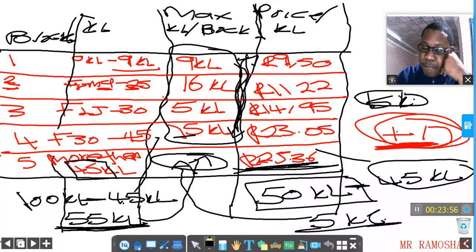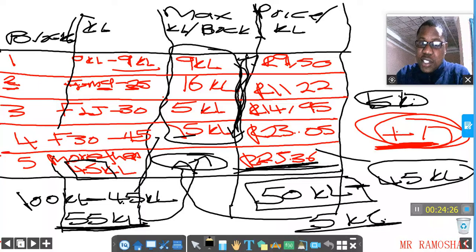The moment I use 9 kiloliters only for today, that means my cost is going to be 9 rand 50 cent per kiloliter. It doesn't mean that I'm going to pay the total of 9 rand 50 cent. It means for those 9 kiloliters that I have used, it's going to be 9 multiplied by 9.50, which equals 85 rand 50 cent, right?